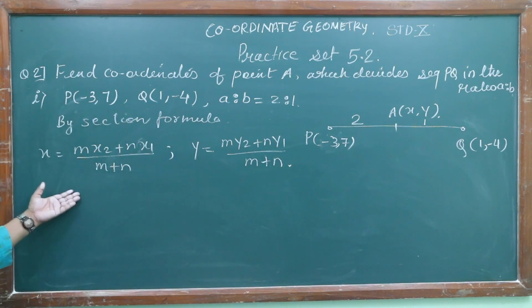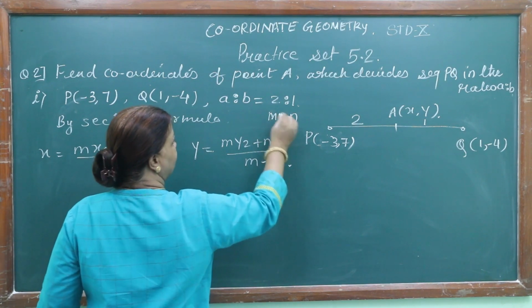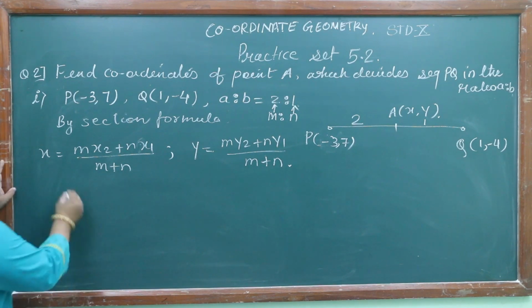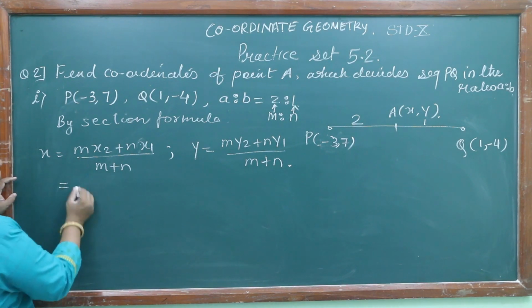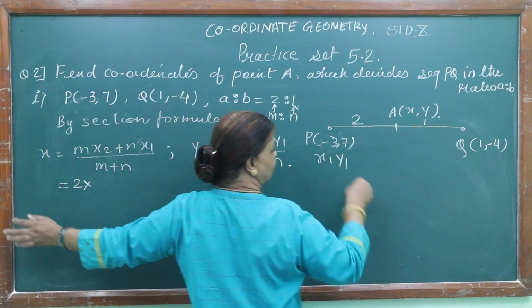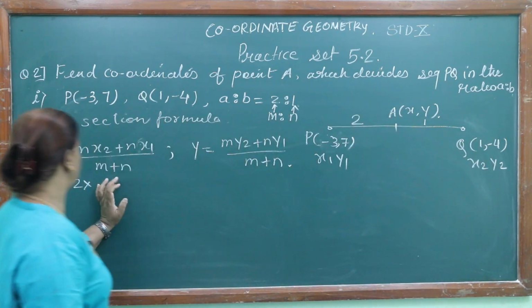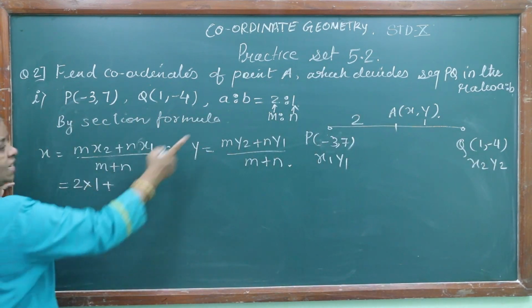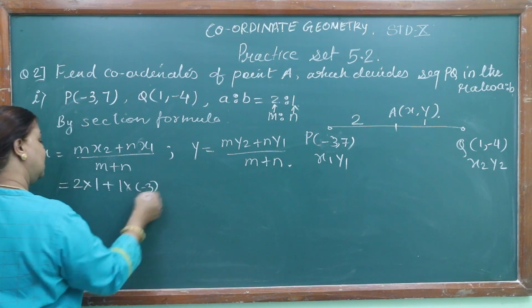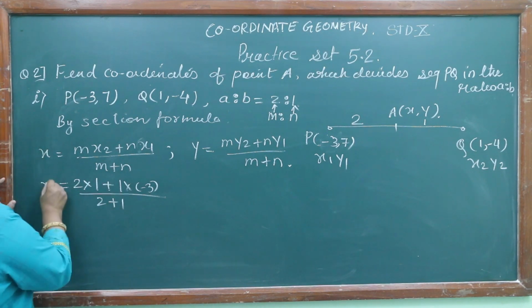Now we know the m and n values also. m is 2, n is 1. m is 2 into x2, so x1, y1, x2 and y2. 2 into x2, that is 1, plus n is what? 1 into x1, and x1 is minus 3 upon 2 plus 1. 2 plus 1 for x coordinate.